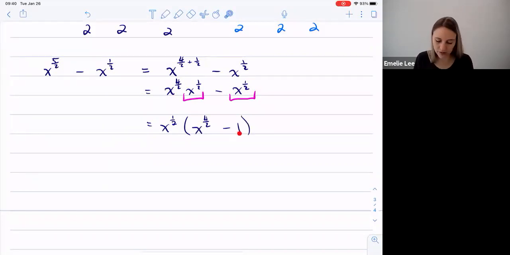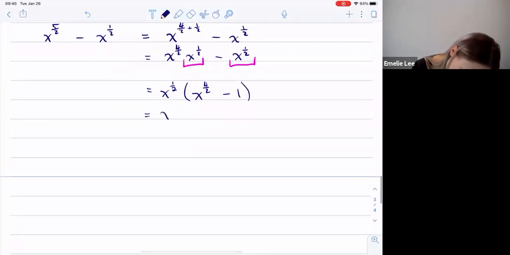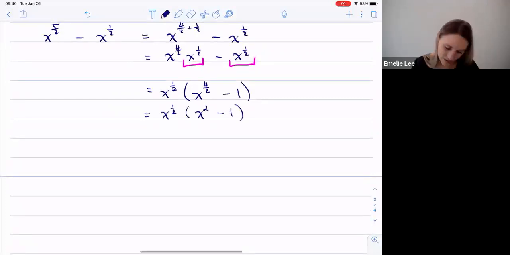Being really careful that you retain this 1 here, so that when you expand this out again, you end up where you started. Now I can simplify this x to the 4 over 2 to just be x squared. So now I get x to the 1/2 times x squared minus 1.